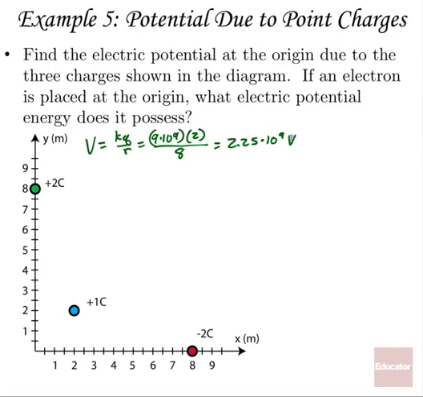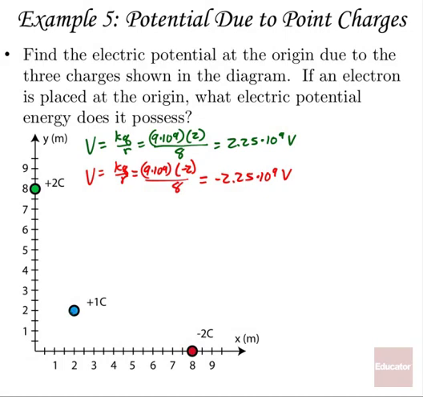Now let's do the red charge. V equals KQ over R, which is going to be 9 times 10 to the 9th times negative 2 coulombs over 8, which is going to be negative 2.25 times 10 to the 9th volts.